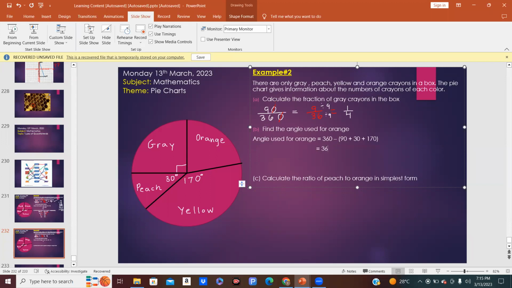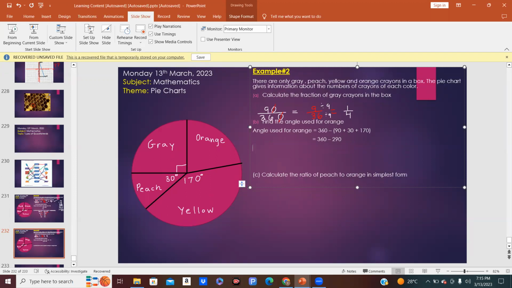It's going to be 360 minus, what's the sum of 90 plus 30 and 170? 290. 290, that's correct.